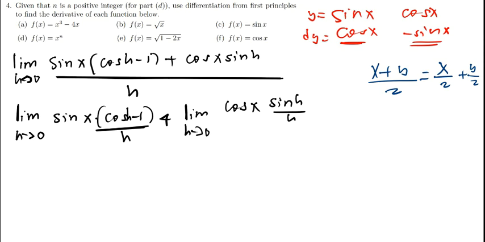So there are a few identities which I want you guys to be familiar with under limits. If you come across the limit as x goes to 0 of cos x minus 1 divided by x, this is basically 0.